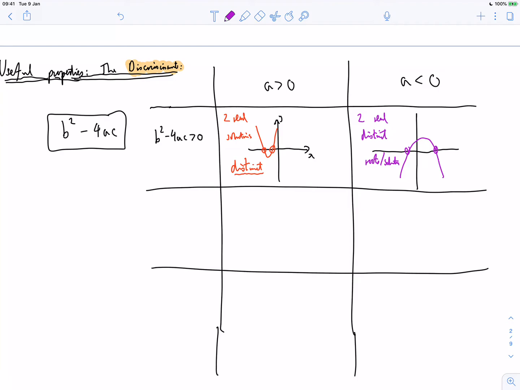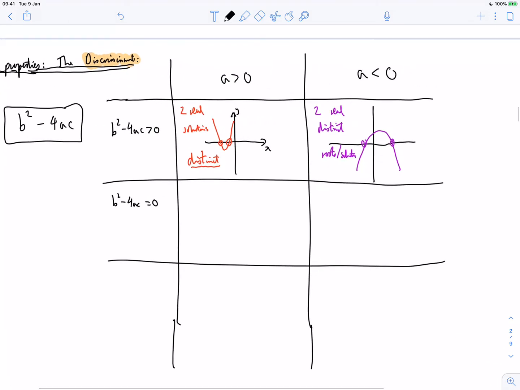Okay, now what about when b squared minus 4ac equals 0? Well, let's draw our coordinate axes. When it equals 0, then we're going to have a quadratic that just touches one and only one point. So it has one repeated real root. And it's a U-shaped parabola because a is positive.